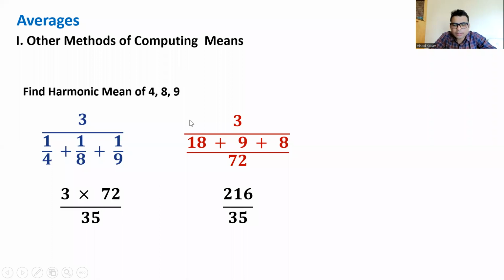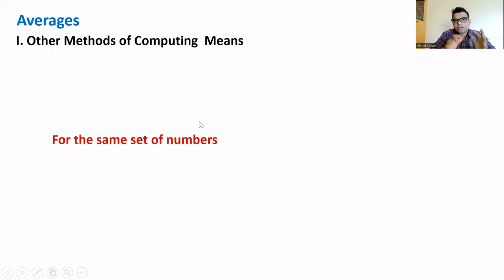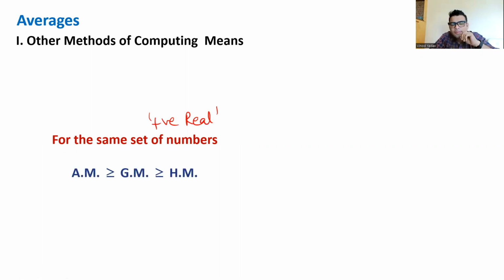All right. Now, for the same set of positive real numbers, the order between the AM, GM and HM is like this. AM will be either more than or equal to GM, which will be either more than or equal to HM. Specifically, equality will hold true when the numbers themselves are equal.